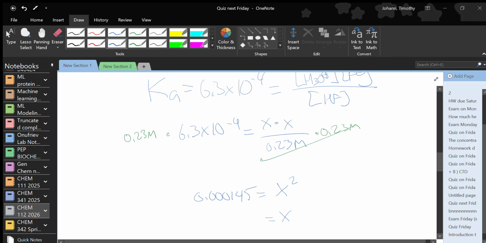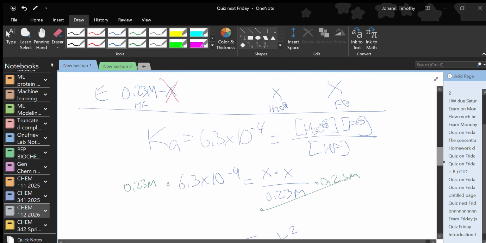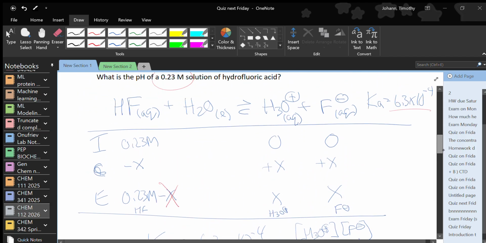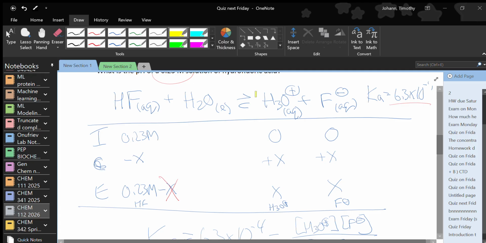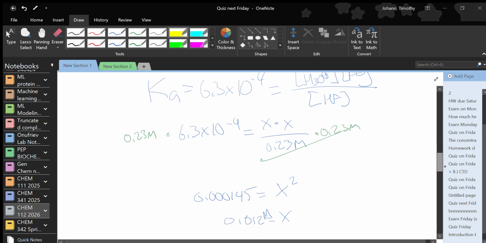And I get x equals 0.012 molar. Okay? And if we look up here, x is our H3O plus concentration and our F minus concentration.